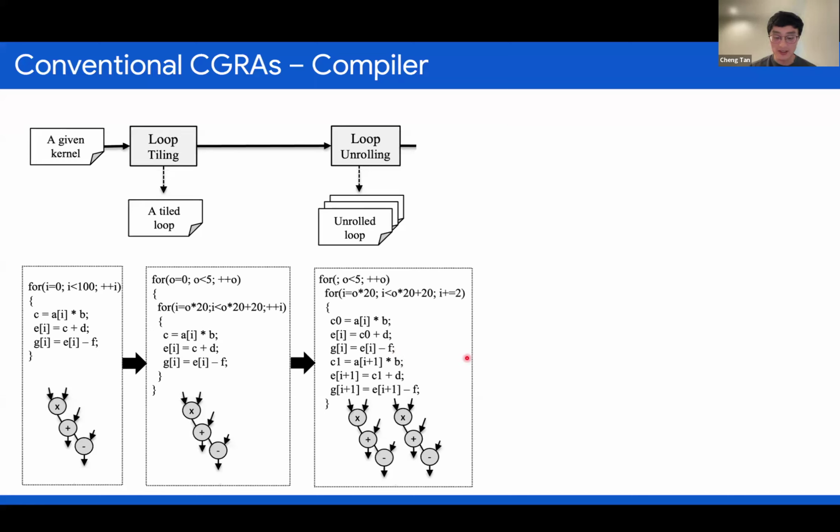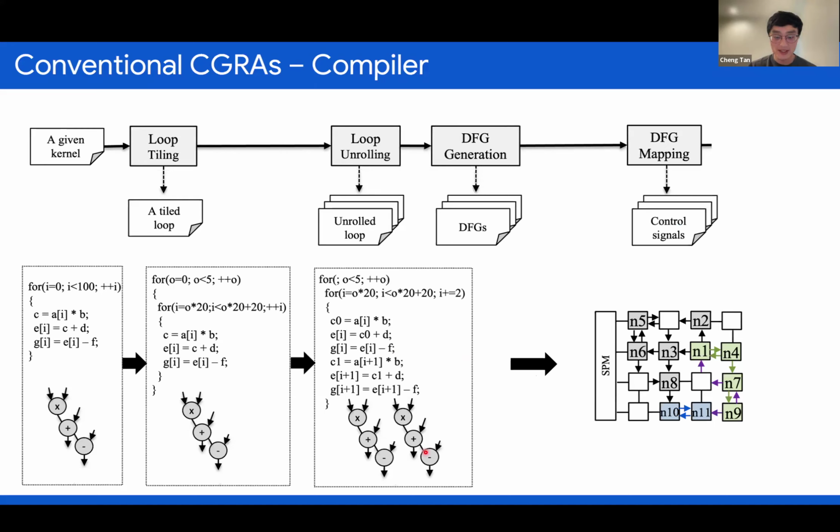So we can map this larger DFG onto the CGRA fabric for acceleration, and you can have better utilization. Then we represent the C++ kernel or LLVM IR as the data flow graph, and map it onto the provided CGRA fabric as I showed before.